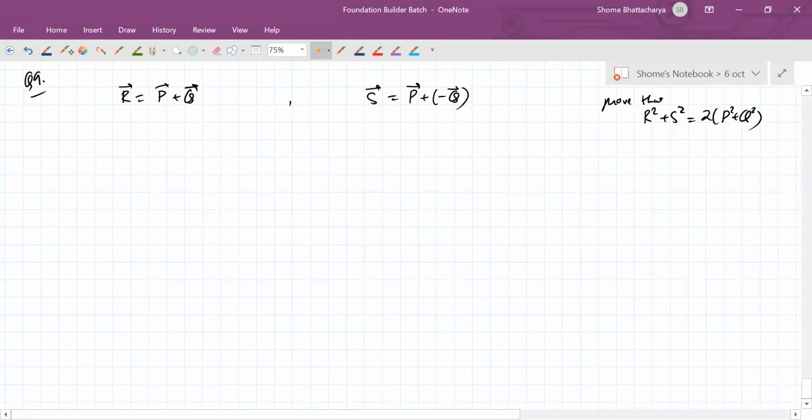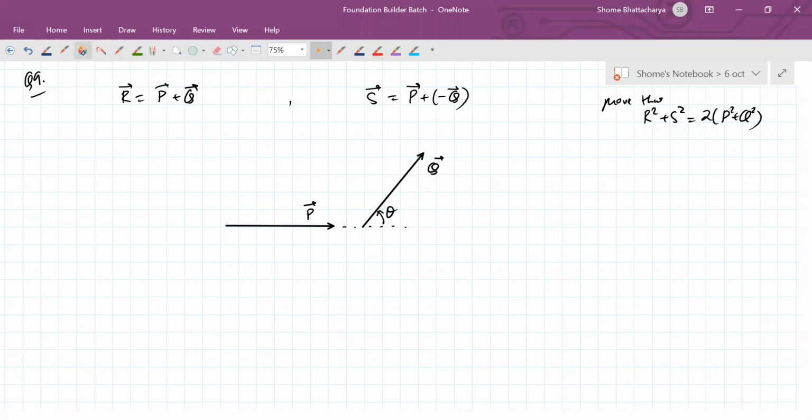Okay, so there are a couple of ways we can do this. One is that you can just interpret this geometrically. So if you just interpret this geometrically, suppose this is the vector P, okay, and this is the vector Q, and the angle between them is theta. Okay, now what will be the vector minus Q?